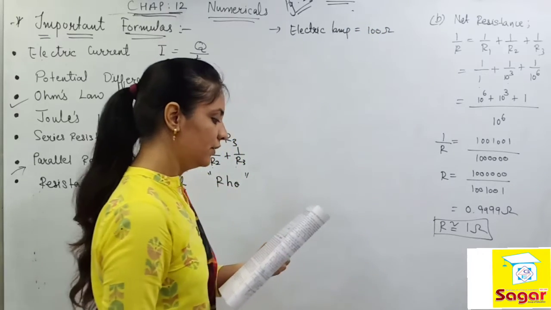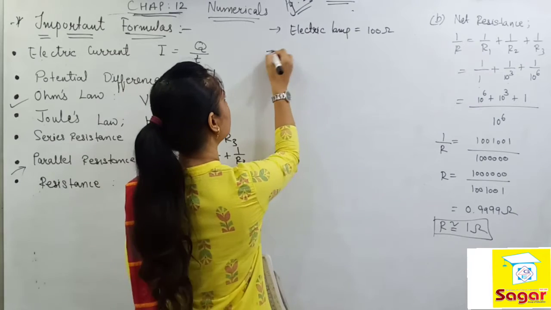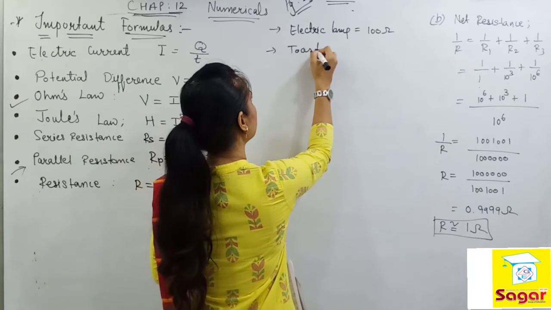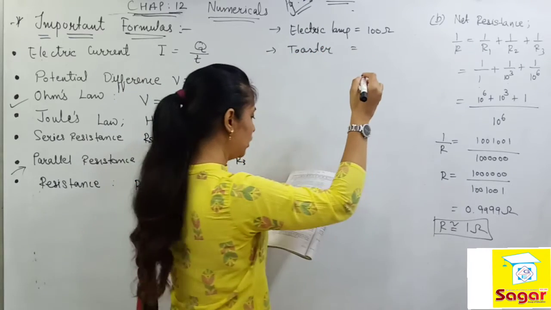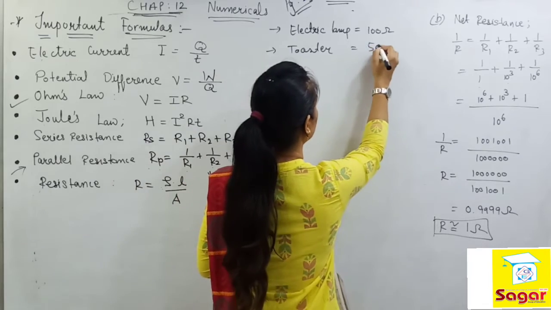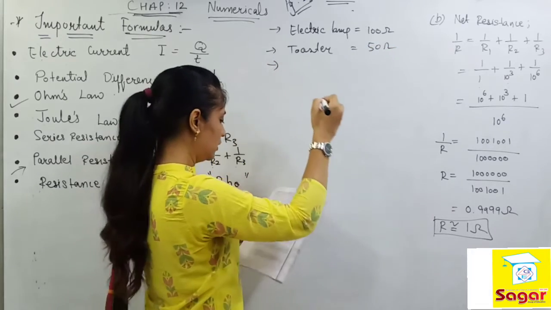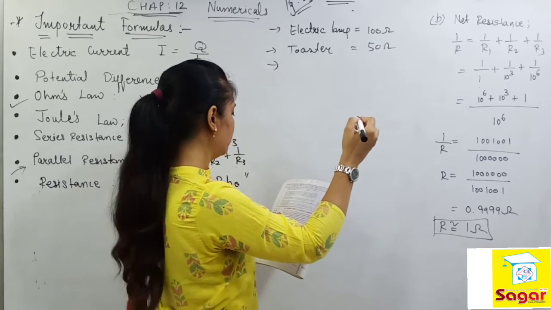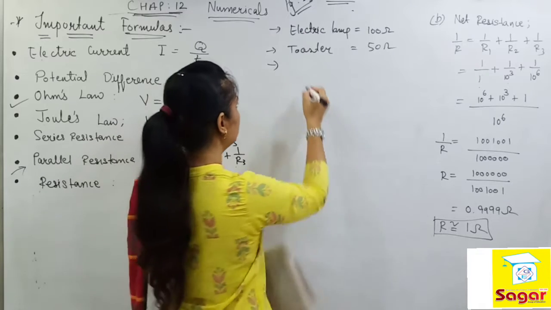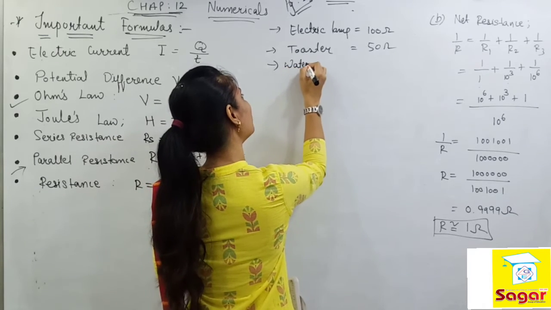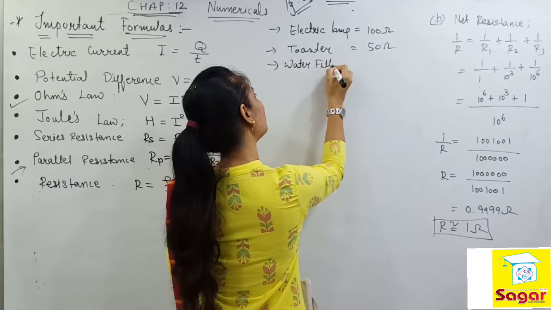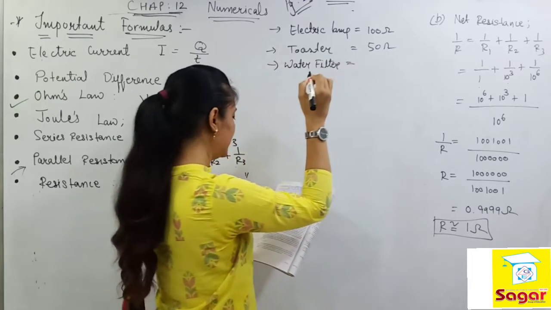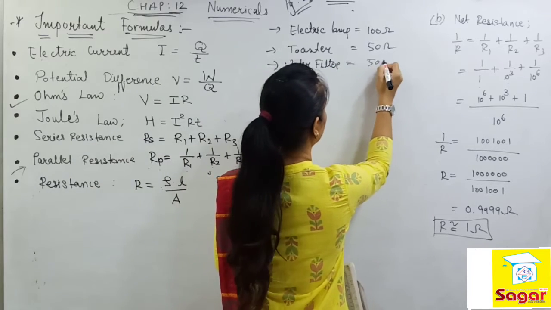Next we have a toaster, that is equal to 50 ohm. We have one more appliance, that is a water filter, that is equal to 500 ohm.